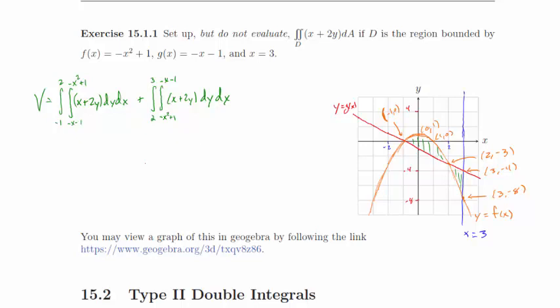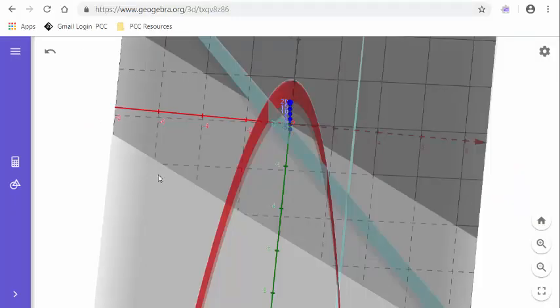Let's go ahead and look at the GeoGebra graph to see this one more time. Here's my downward facing parabola, y equals negative x squared plus 1. Here's my y equals g of x, which equals negative x minus 1, and here's my x equals 3.